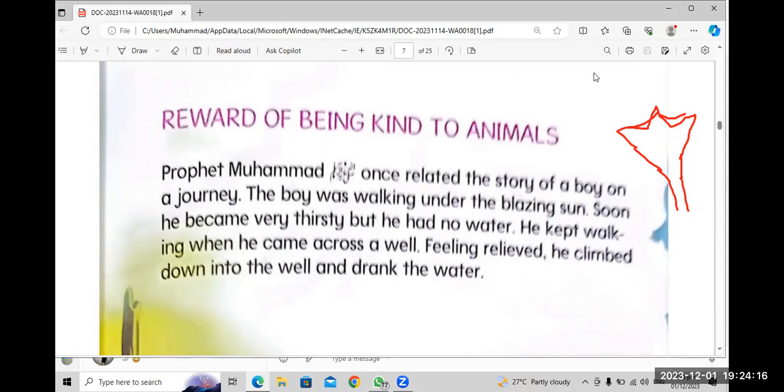So if you will help and you will be kind towards the animals, so definitely Allah subhanahu wa ta'ala will reward you in every respect, in every way of your life. If you will make the life easy for the animals, so Allah subhanahu wa ta'ala will make the life easy for you guys as well. Do you understand what I mean to say?